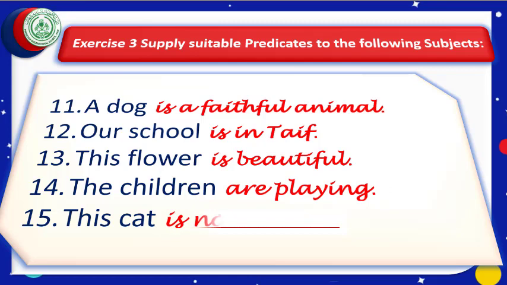This cat is not mine. We have done this exercise. I think it is very clear to all of you now what we shall care about while doing this exercise. Let us move to the next exercise.